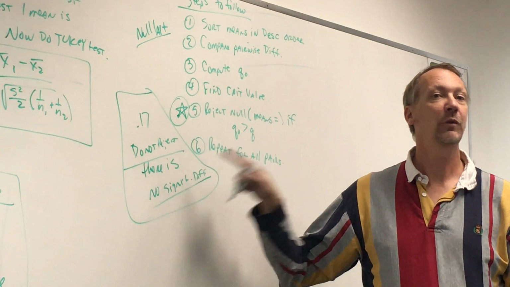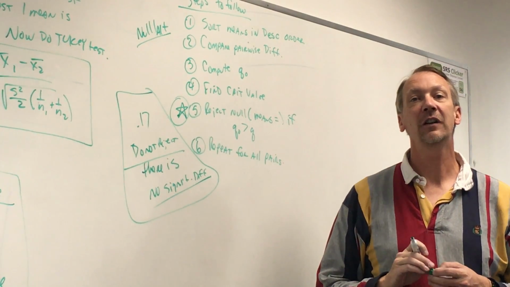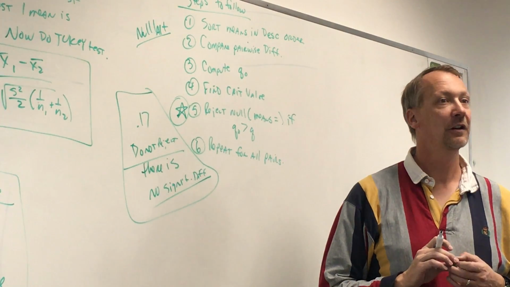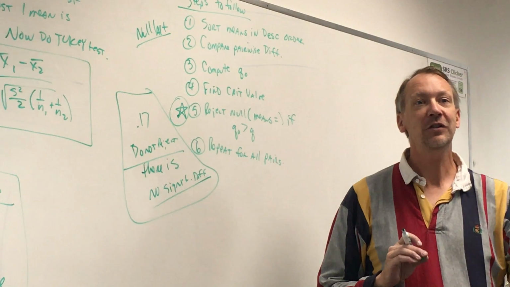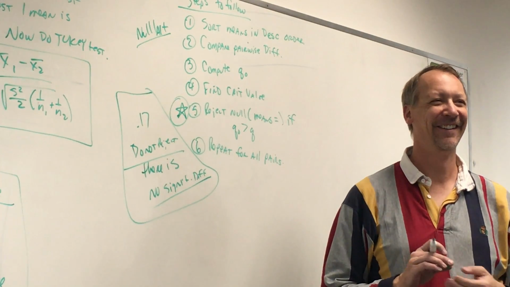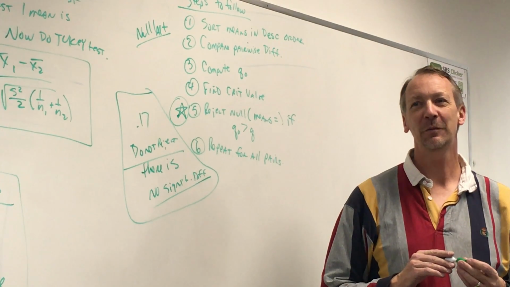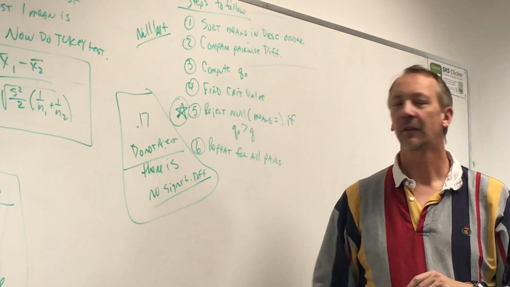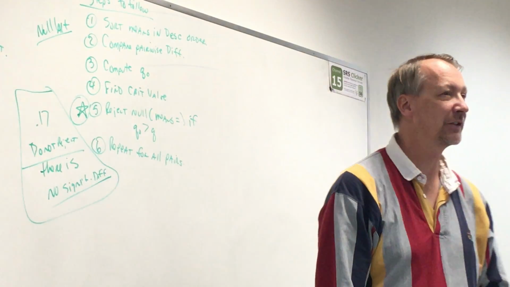Reject means there's a significant difference. Do not reject means there's not a significant difference. So do not reject, not a significant difference. Does that help? Maybe? Some of you have it down. That's great. So I would just say practice.